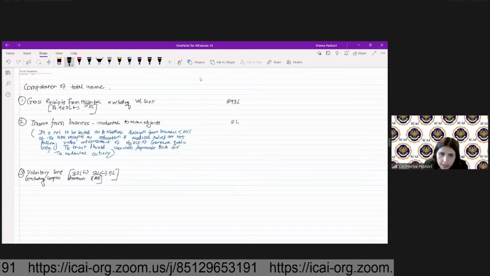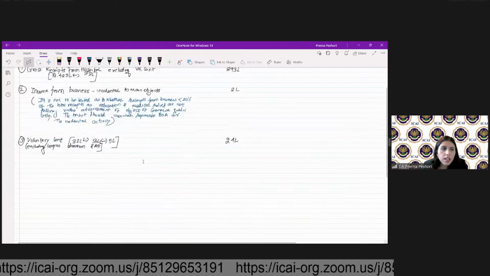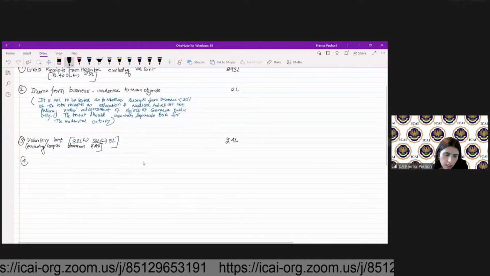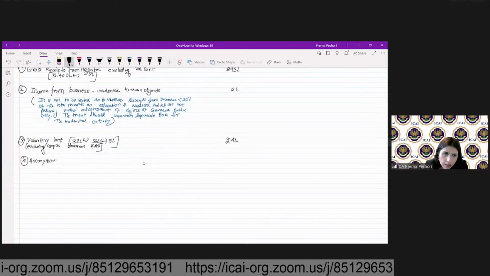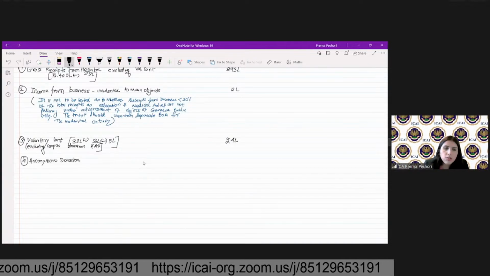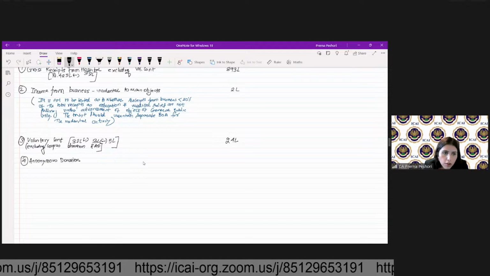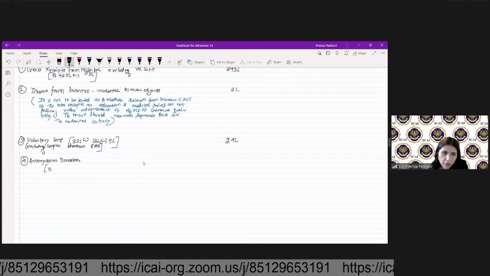The 24 lakhs. Then I'm coming to the anonymous donation. So anonymous donation here will be 5 lakh.